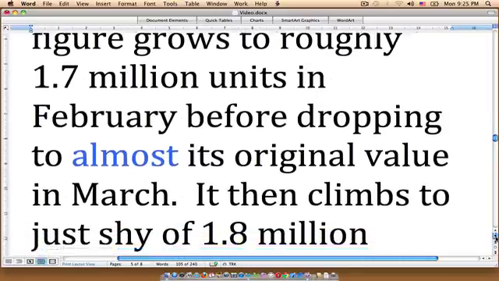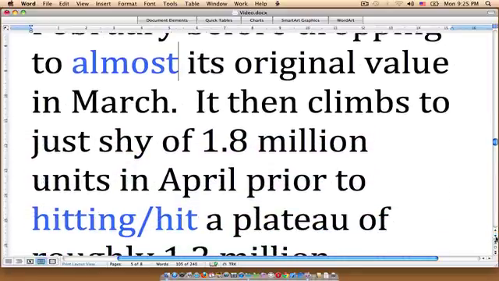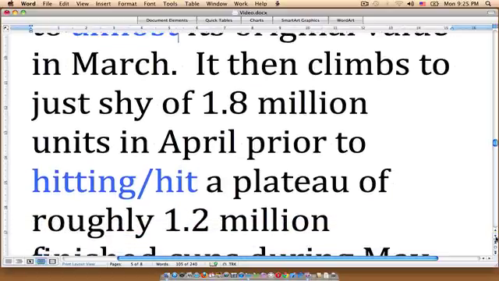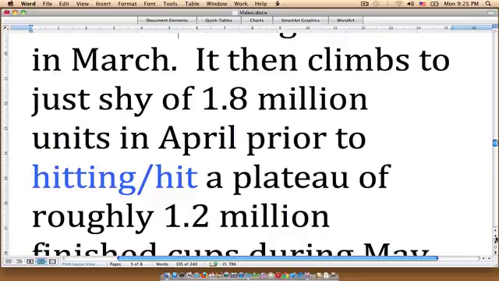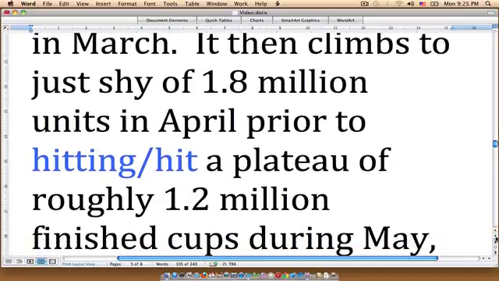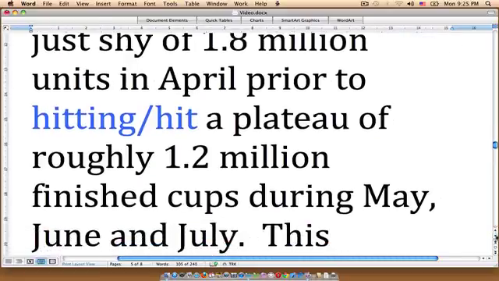Let's continue. It then climbs to just shy of 1.8 million units in April, prior to hitting a plateau of roughly 1.2 million finished cups during May, June, and July.